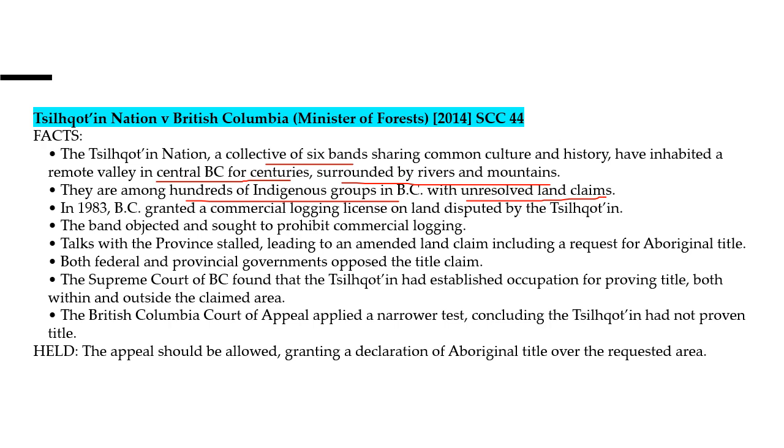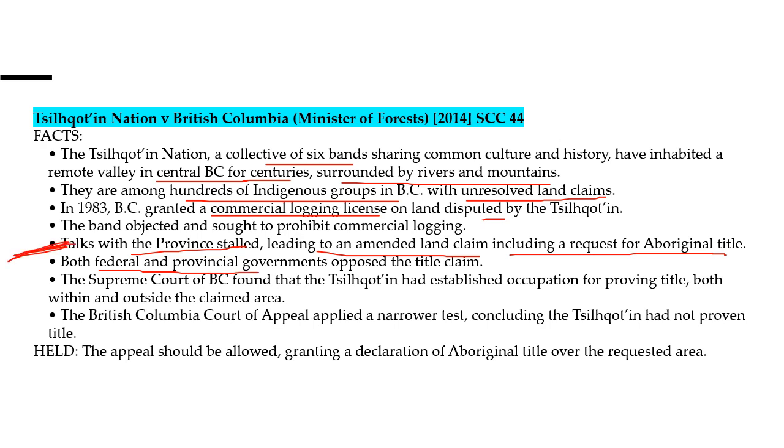In 1983, BC granted a commercial logging license on this land, which was disputed by this nation. The band objected and sought to prohibit commercial logging. Talks with the province stalled, leading to an amended land claim, including a request for aboriginal title. Both federal and provincial governments opposed this title claim.